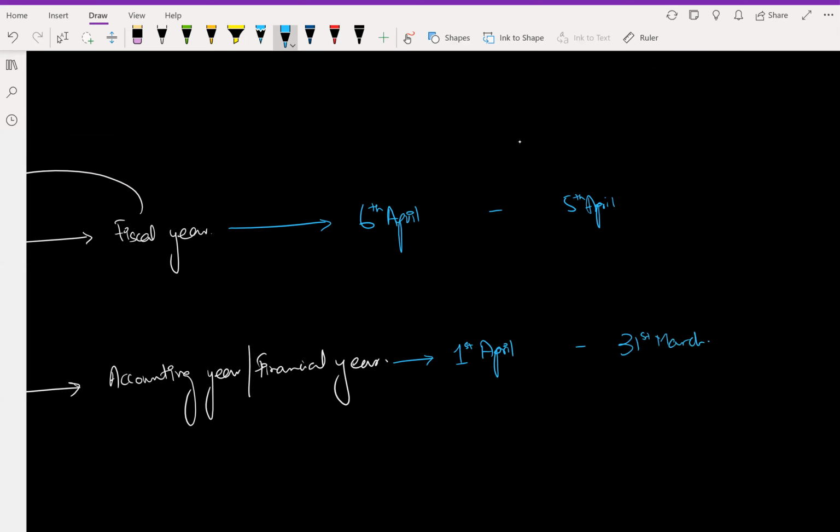Now, the question is, the law that we are studying, the syllabus that we are studying, what years does it relate to? It relates to 6th April 2021 to 5th April 2022. Similarly, 1st April 2021 to 31st March 2022. This is the period for which we are studying.